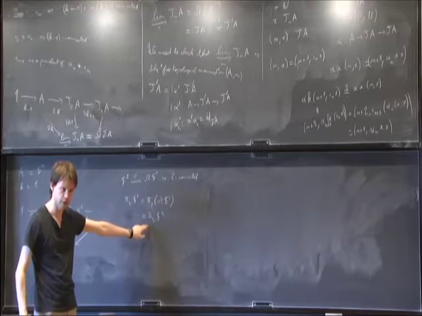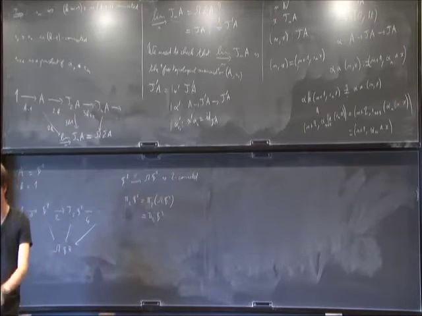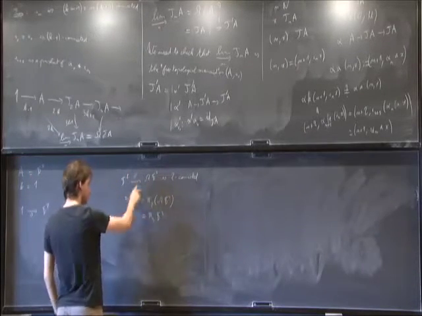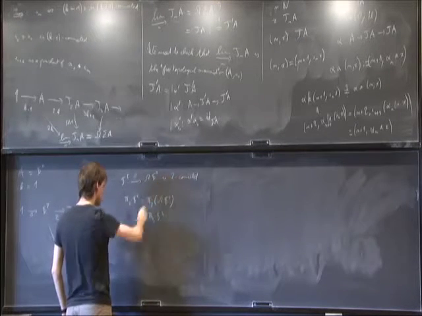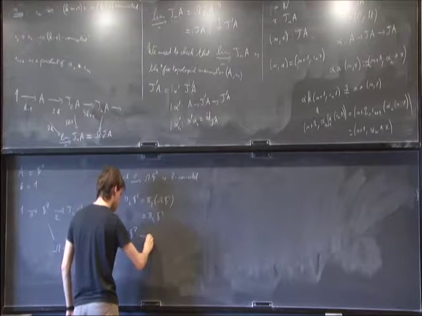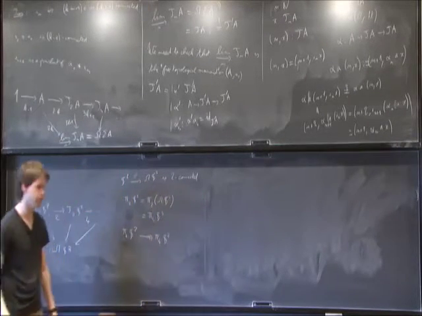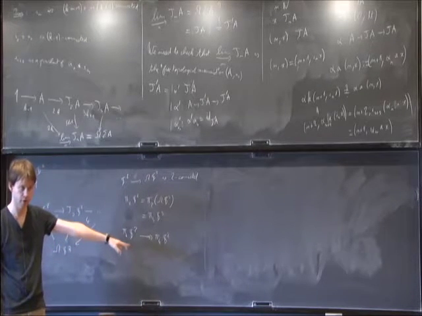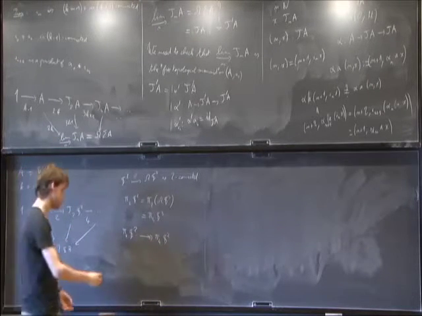So we get the stability result that once you know pi_n of S^n, you know all pi_n of S^n for bigger n. But if you look at the pi_3, the 2-connectedness of this map just tells us that we have a surjection from pi_3 of S^2 to pi_4 of S^3, but does not give any other information.